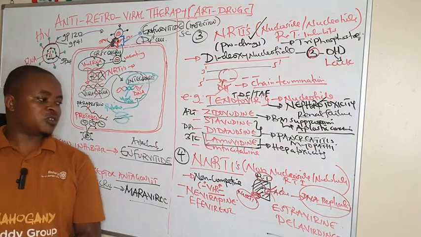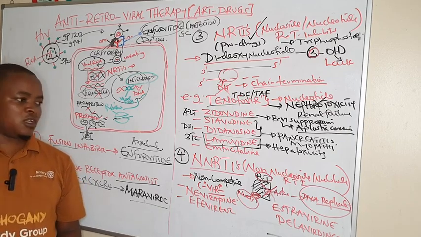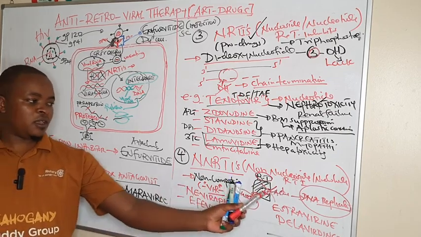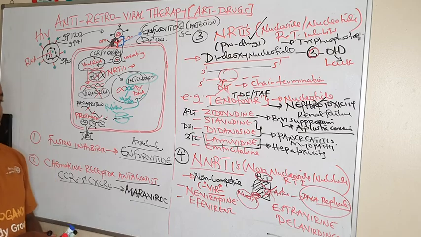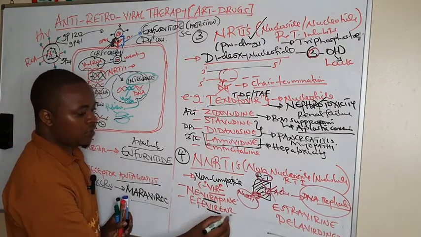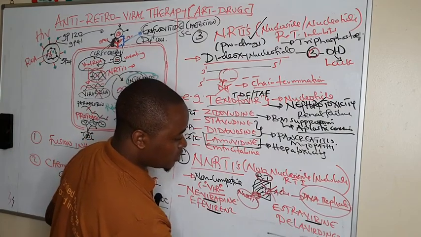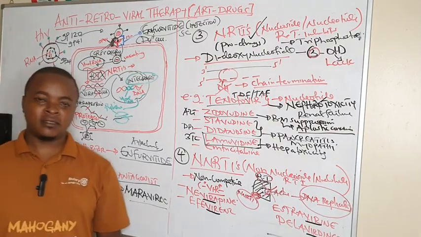These are examples of drugs under non-nucleoside reverse transcriptase inhibitors, which non-competitively inhibit reverse transcriptase by binding to the allosteric sites. And as we said, they have VIR in the middle, so that's how I can know that these are NNRTIs.